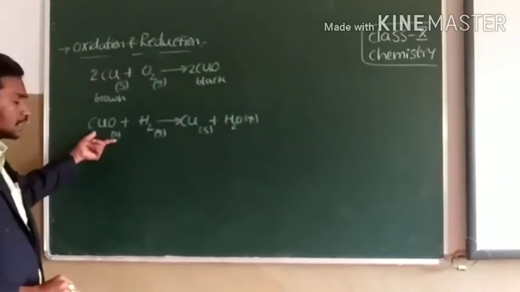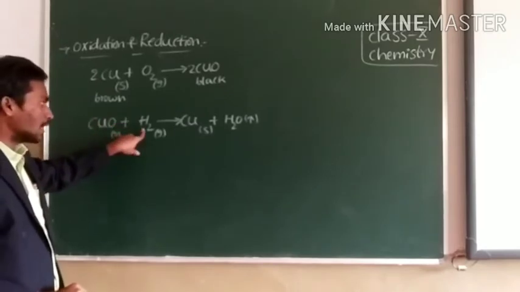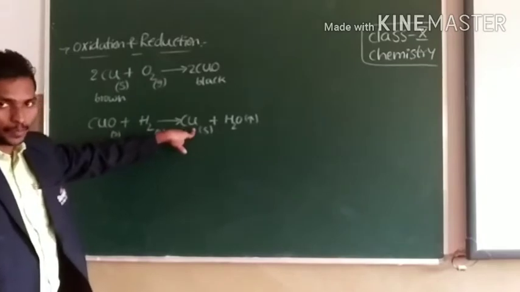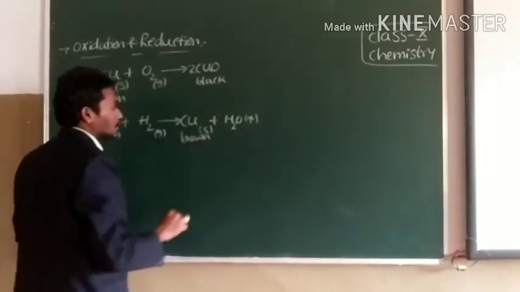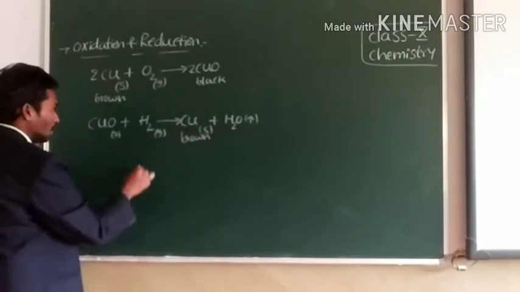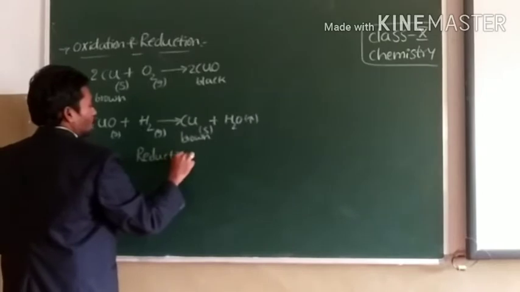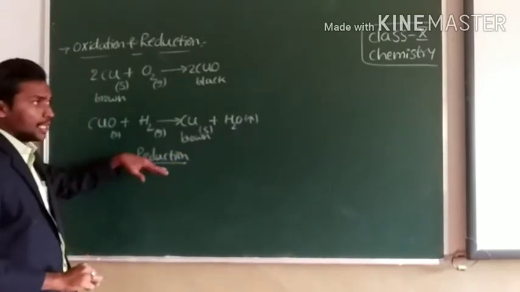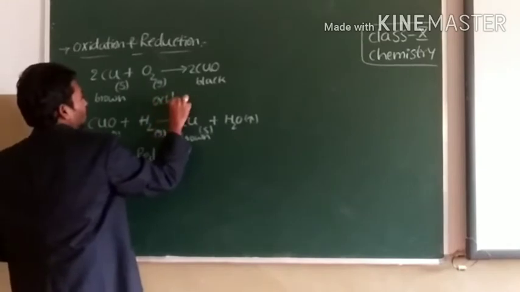Here, black colored copper oxide reacts with hydrogen gas, which forms copper metal in brown color. This is an example of reduction reaction, and the above reaction is an example of oxidation reaction.